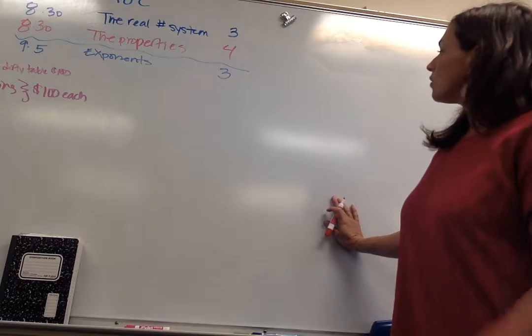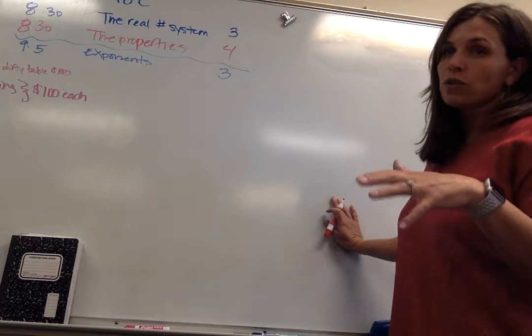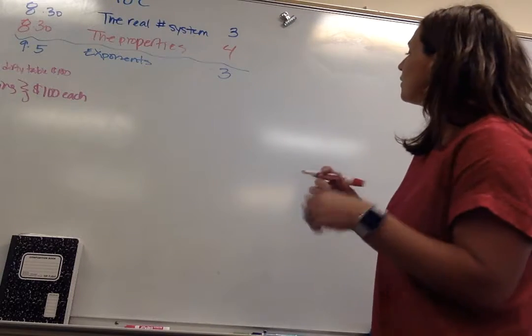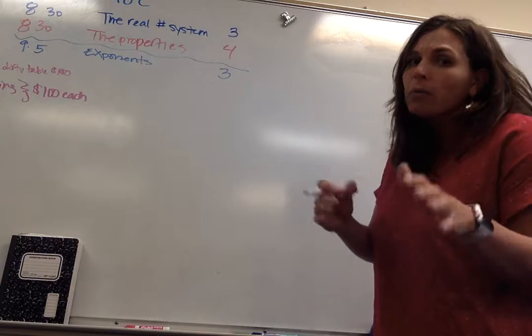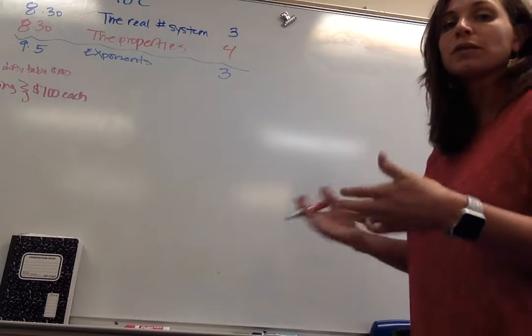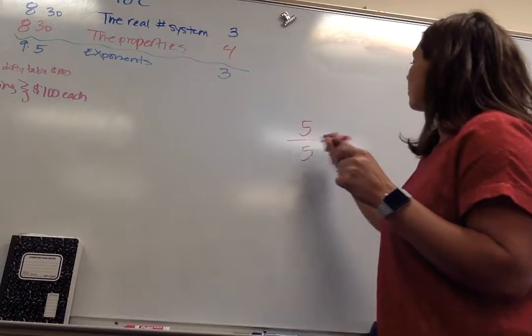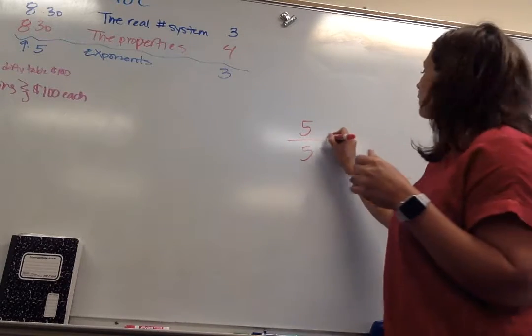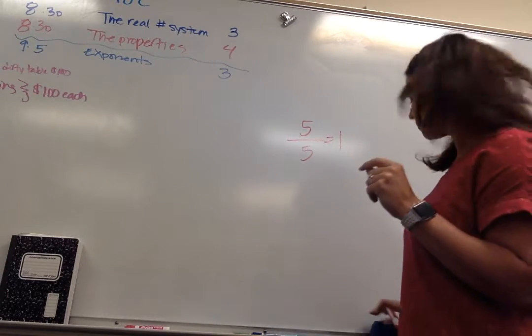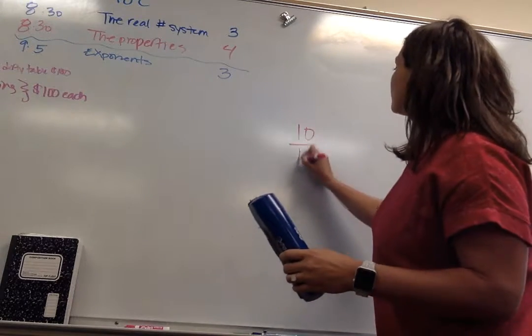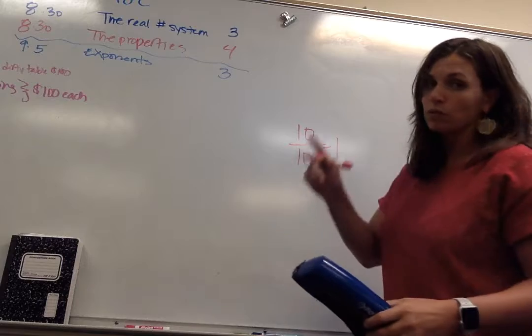To start, what I first want to do is talk about what happens when you divide, which may not make sense right now, but when we get to negative exponents, you'll see the tie-in. If I asked you 5 divided by 5, we all know that is 1. 10 divided by 10 is also 1.